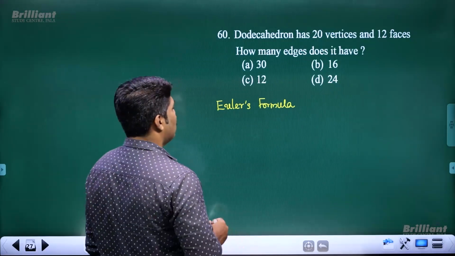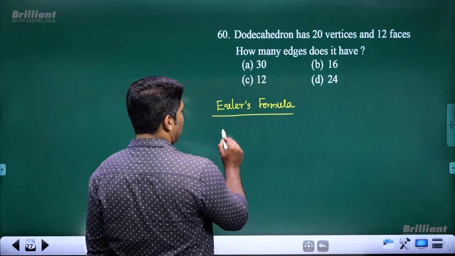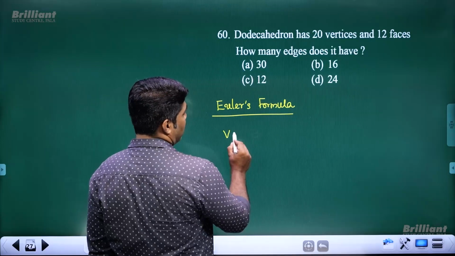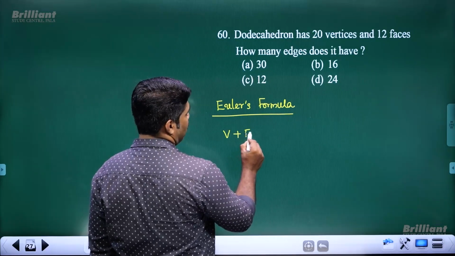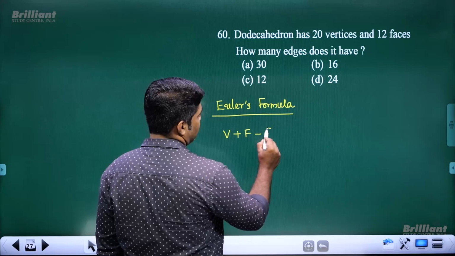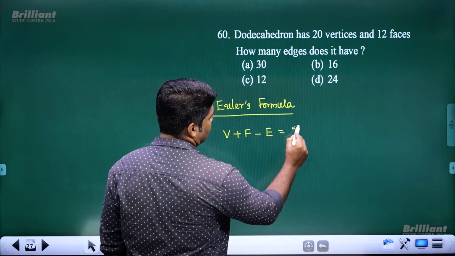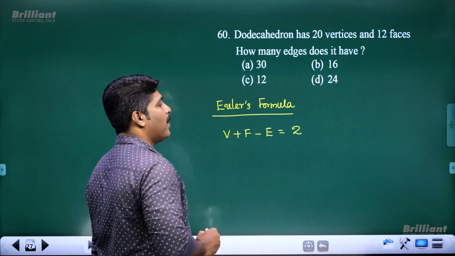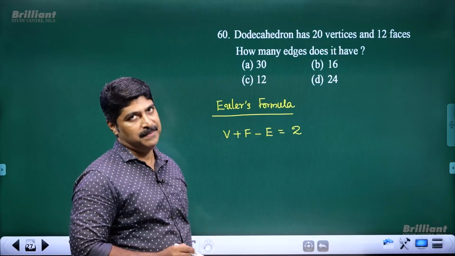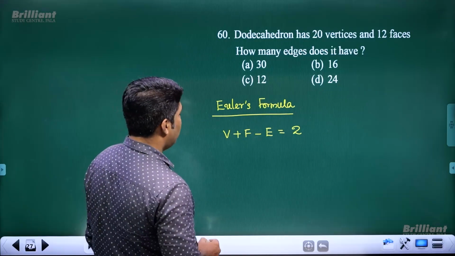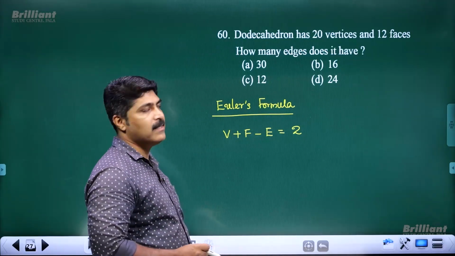Get it? So Euler's formula is very simple. The number of vertices plus the number of faces minus the number of edges is equal to 2 for any solid figure. Get it? So therefore we are applying this.